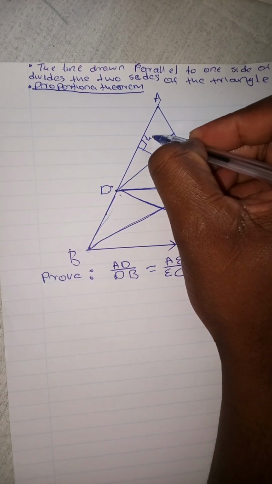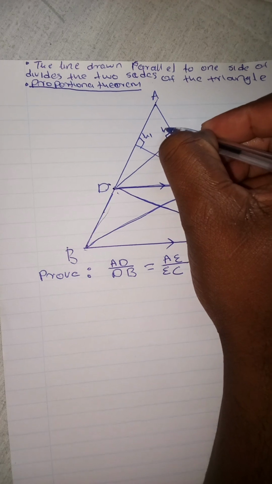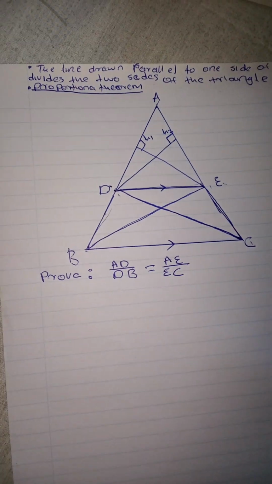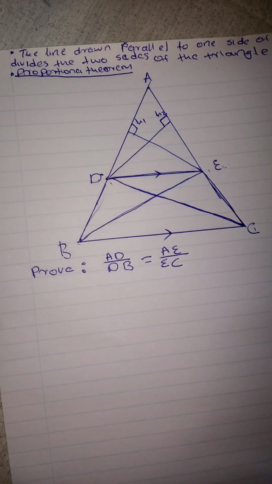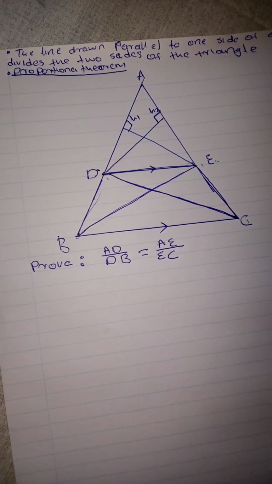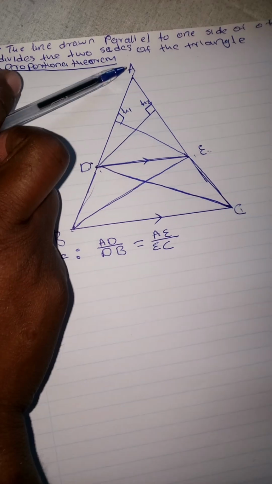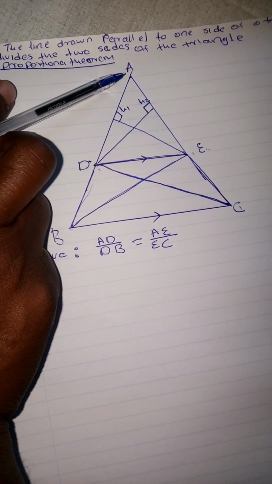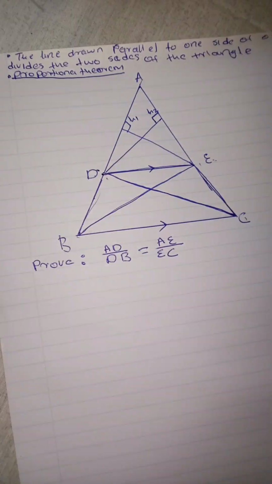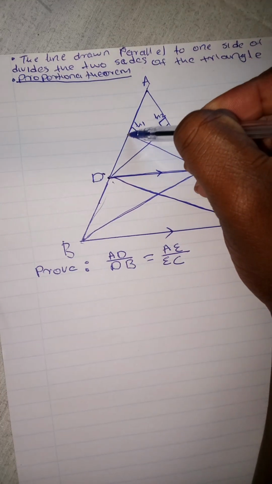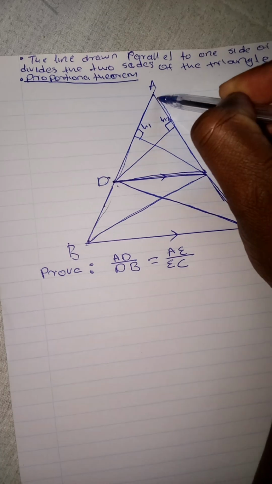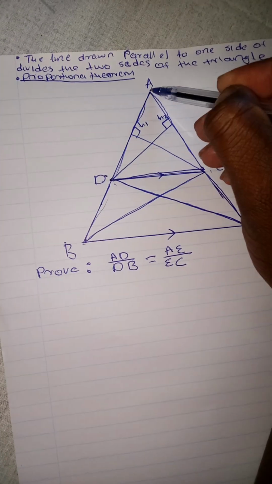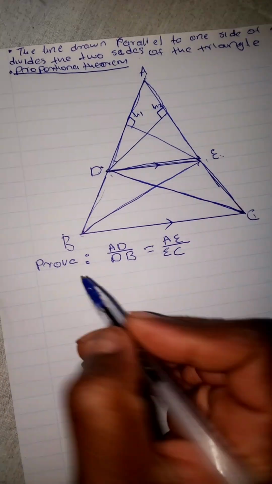Let's name this one H1, and then let's name this one H2. So what is the second thing to do? Second thing to do, you say area of ADE. This is the area of this triangle ADE.